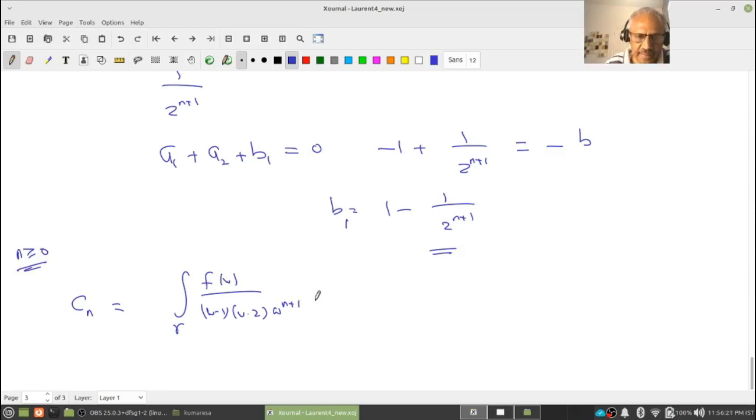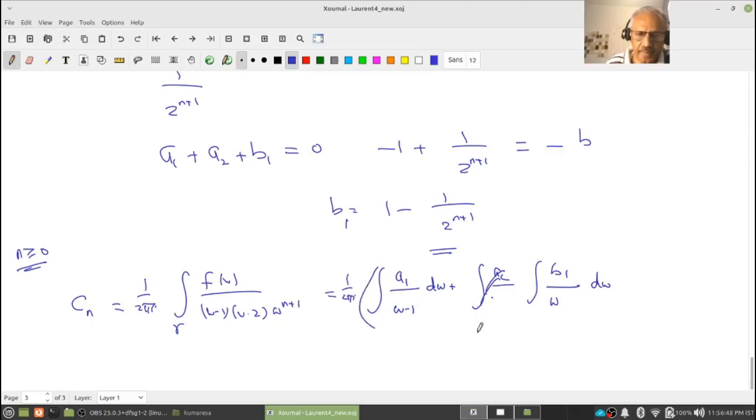Okay, therefore this is going to be integral of a1 by w minus 1 dw, and b1 by w dw, with 1 by 2 pi I here and 1 by 2 pi I here, right.